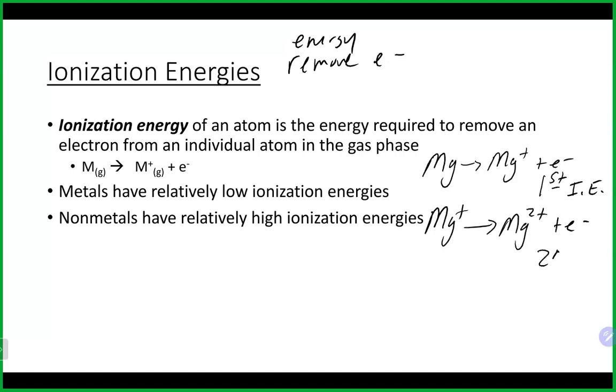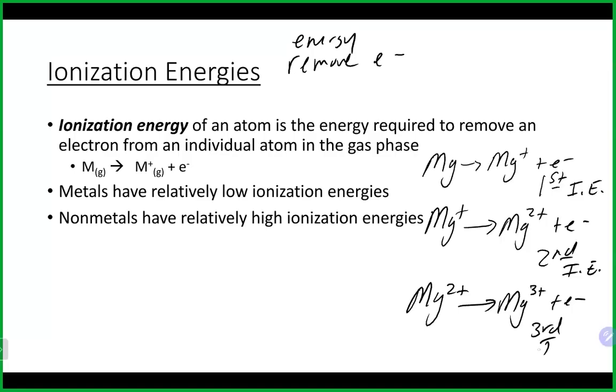That is the second ionization energy, the energy required to remove the second electron. And maybe it loses one more electron, which is referred to as the third ionization energy.